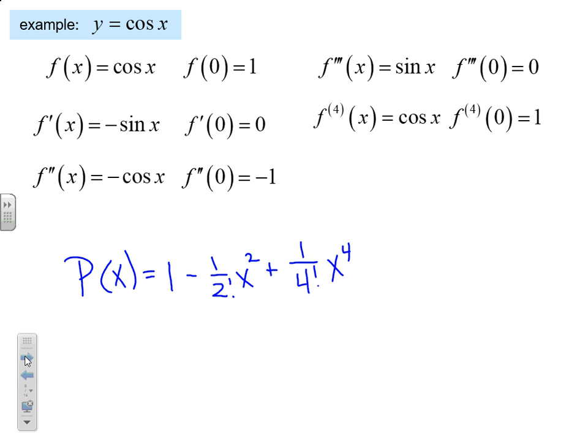And I bet we could even predict what the next non-zero term would be. Negative 1 over 6 factorial x to the 6th. What would the next one be?